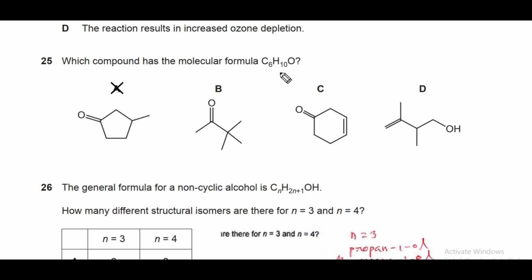Now hydrogen is 10. Here 2 hydrogen, 2 hydrogen, 2 hydrogen, 1 hydrogen, 3 hydrogen. So 2, 4, 6, 7, 10 hydrogen and 1 oxygen. So the answer is A.